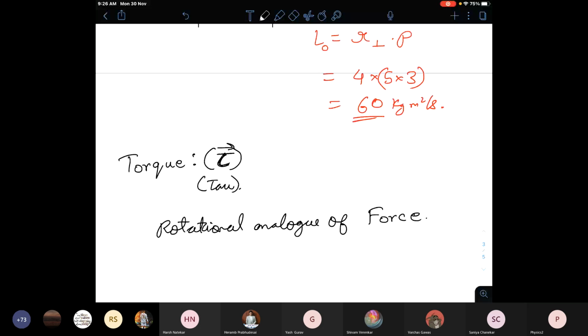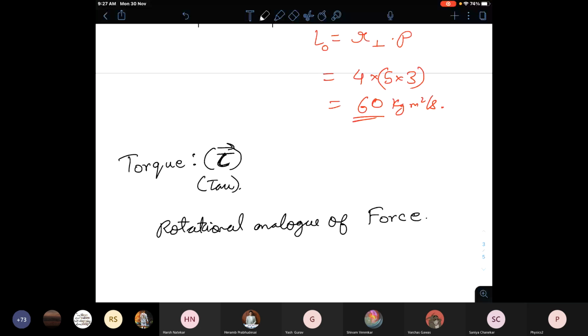That rotational analog is called torque. Torque is a quantity which has the tendency to create rotational motion, just like force.